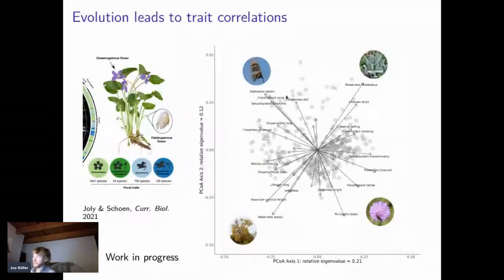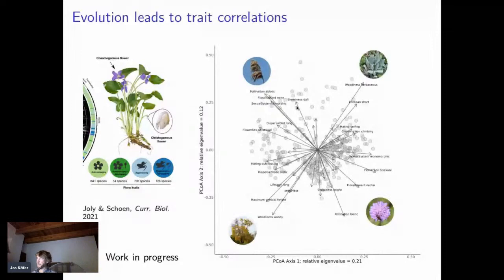Well, this is just to illustrate that there are lots of correlations going on. I'll not go into detail. I don't want you to understand this, it would require a talk by itself.